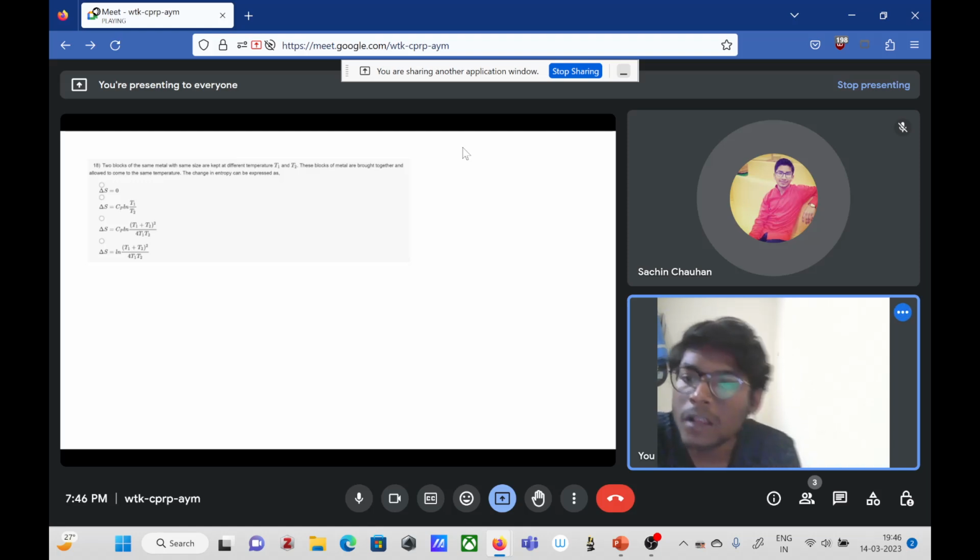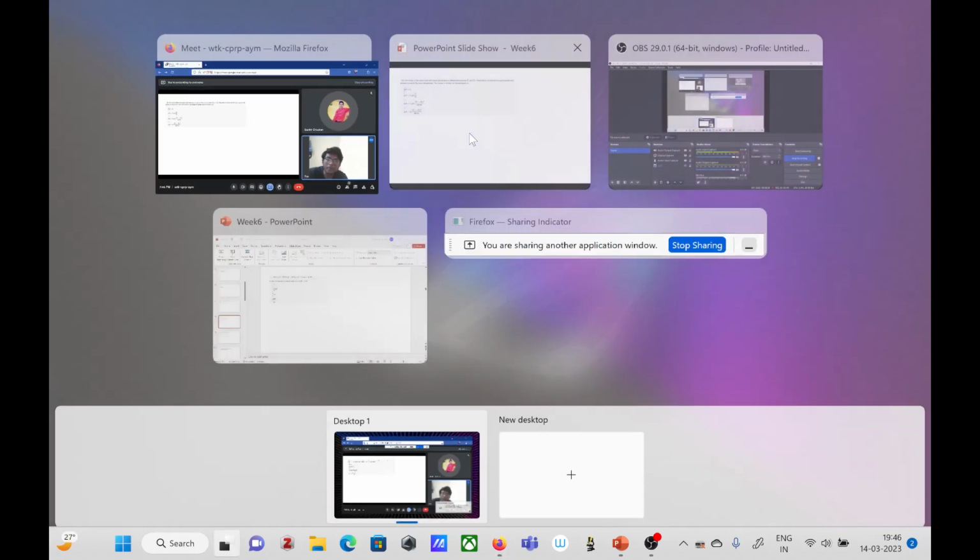So two blocks of the same metal with the same size are kept at different temperatures T1 and T2. Now these blocks of metal are brought together and allowed to come to the same temperature. The change in entropy can be expressed as, so we have to calculate the change in entropy.